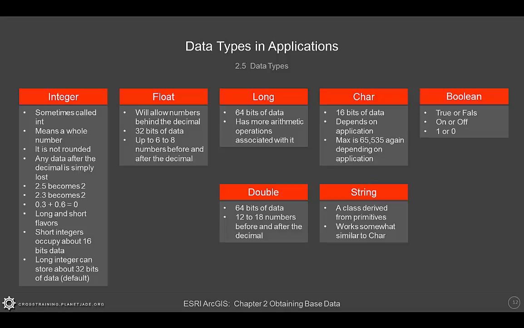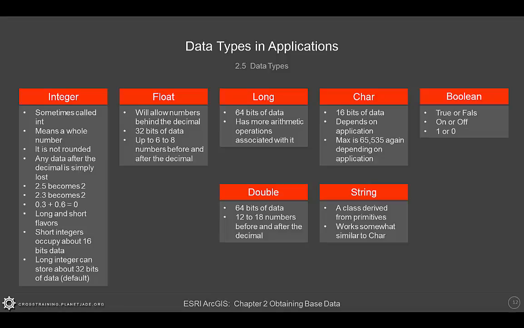It's a simple flag for determining if a condition is true or false, to basically eliminate things. All of these, except for string, are what we call primitive data types. A string is not a primitive data type because it is derived from a primitive.